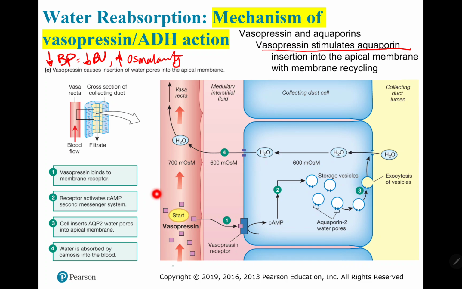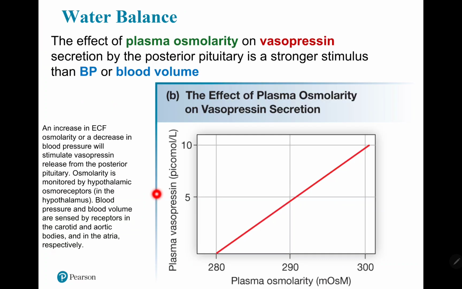You can see that vasopressin, this polypeptide hormone in the blood, binds to cells of the collecting duct, and it ultimately stimulates the aquaporins to be inserted into this membrane right here. Thus we can reabsorb water back into the body, conserve our fluid volume. Don't pee it out. Again, vasopressin stimulates the insertion of those aquaporins in those collecting ducts.